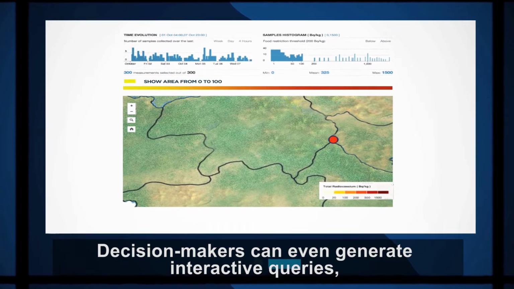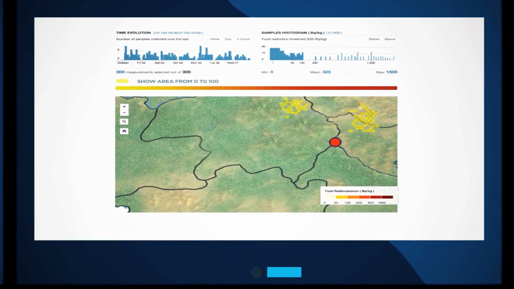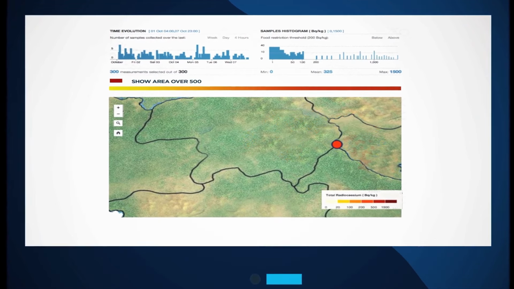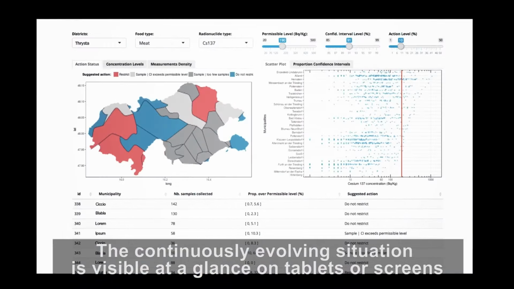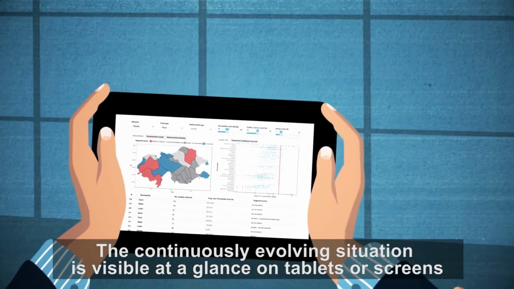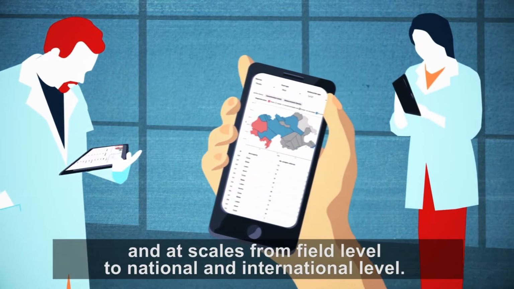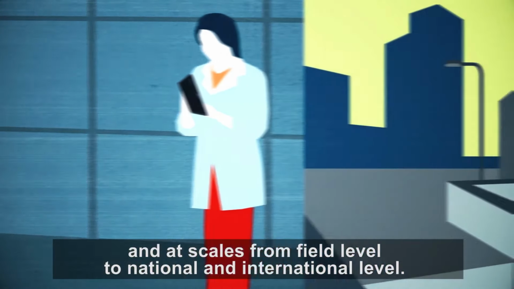Decision makers can even generate interactive queries, for example about the rate of contamination in space and time. The continuously evolving situation is visible at a glance on tablets or screens, and at scales from field level to national and international level.